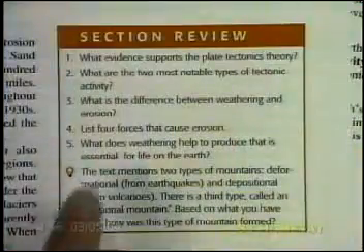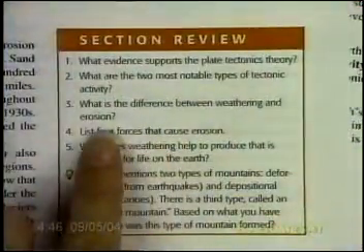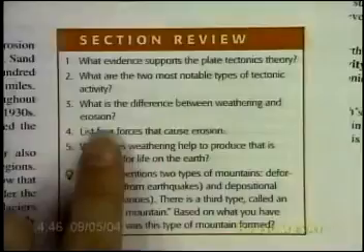And then we're asked the difference between weathering and erosion. They're related but not the same. Weathering, recall, is the breakdown of rocks. We talked about the different processes, just briefly, what different types of things, plants growing, that type of thing. Erosion is the actual removal of that rock material by the wind, the waves, the running water, and the glaciers.